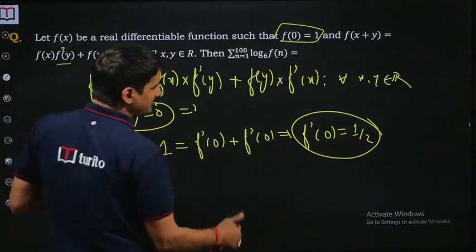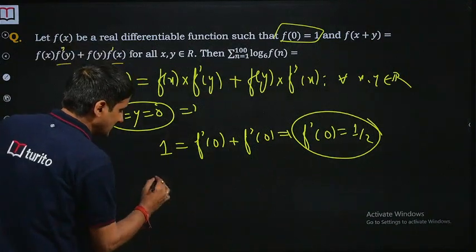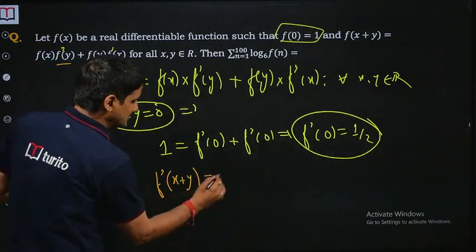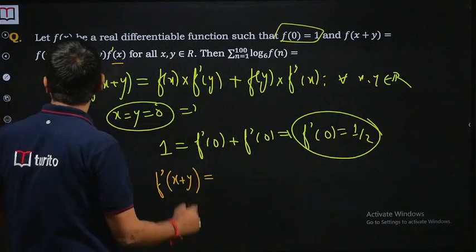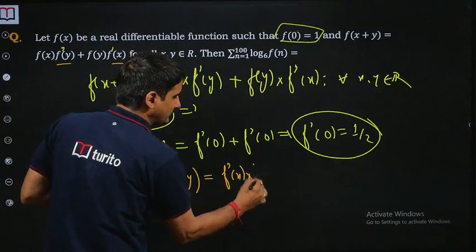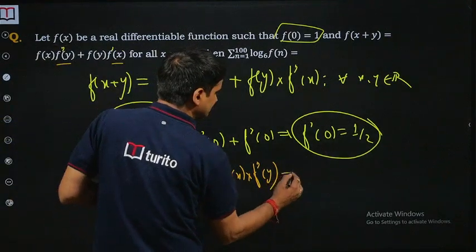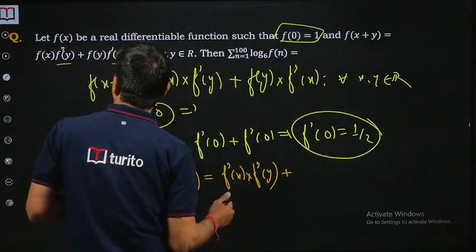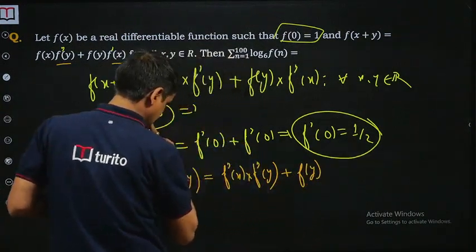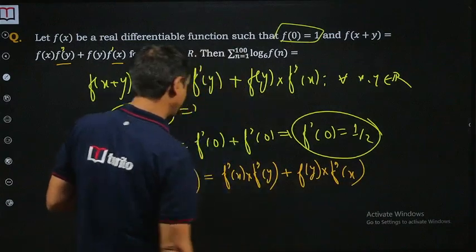So if I differentiate with respect to x, keeping y as a constant, it will be f'(x + y) is equal to, keeping y as a constant, f'(x) f'(y), bachcho, isn't that? And then plus, keeping f(y), into f''(x).